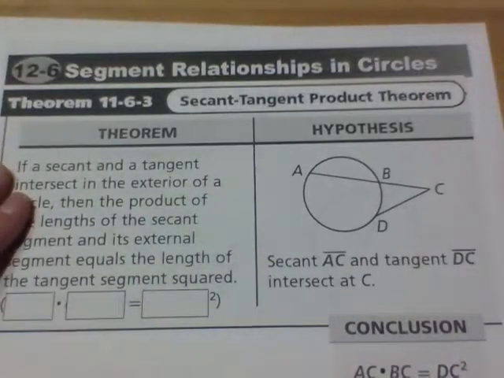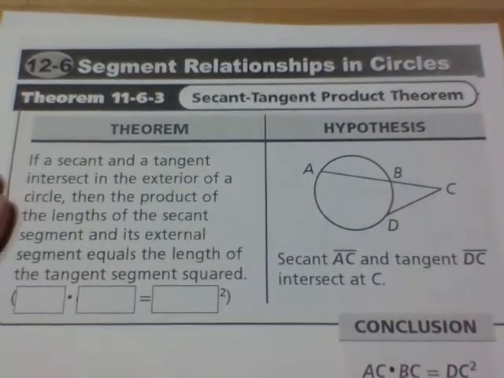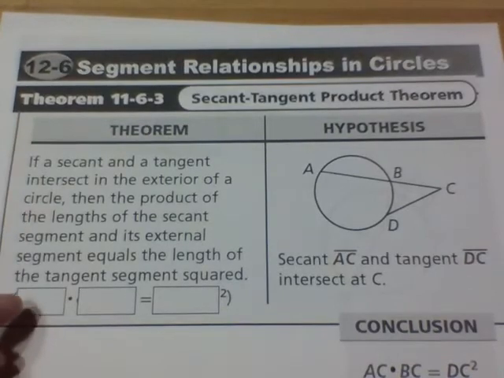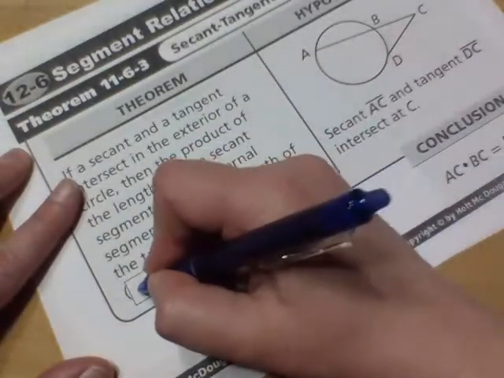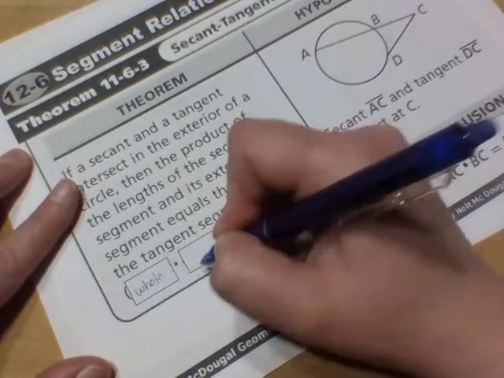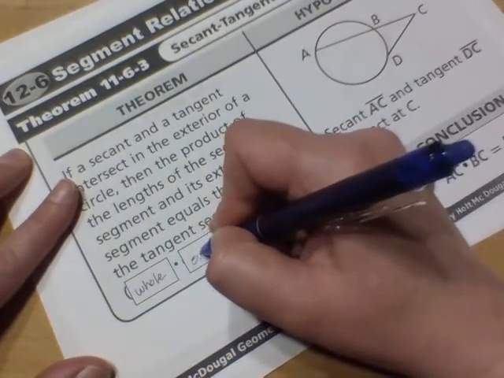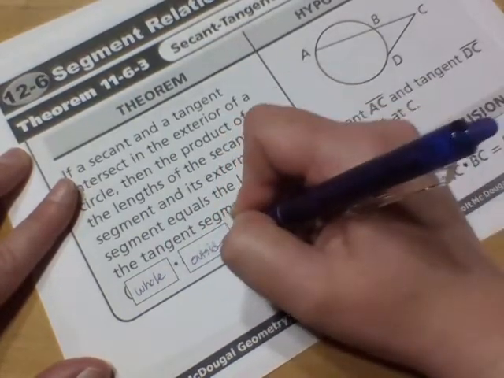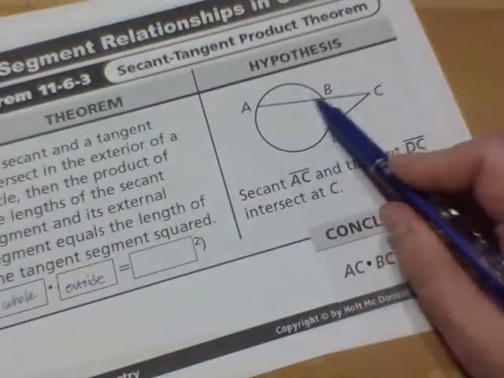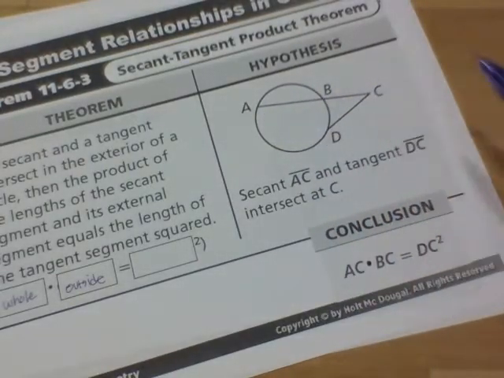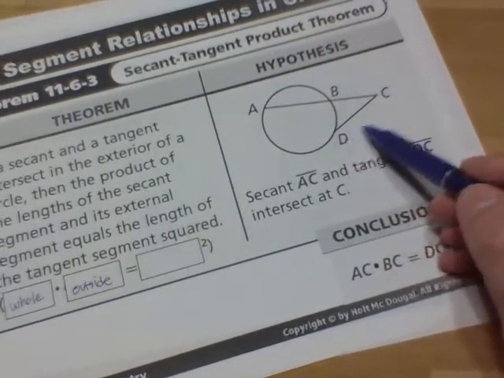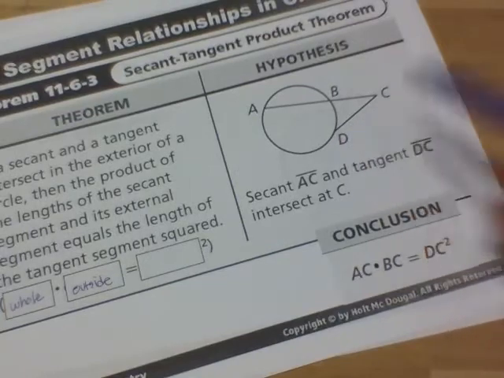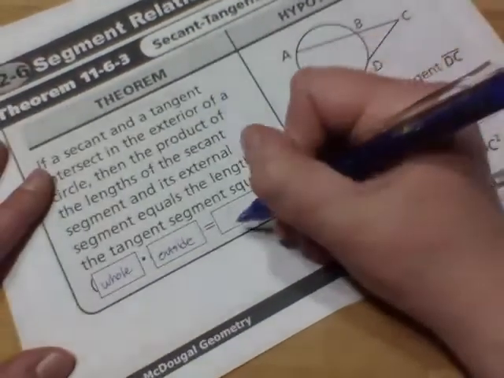So, of course, there's going to be a formula with this. And so just as we did before, we're going to have the whole secant segment times the outside part. So in this case, AC times BC. That's what's happening here. And then the tangent segment squared.